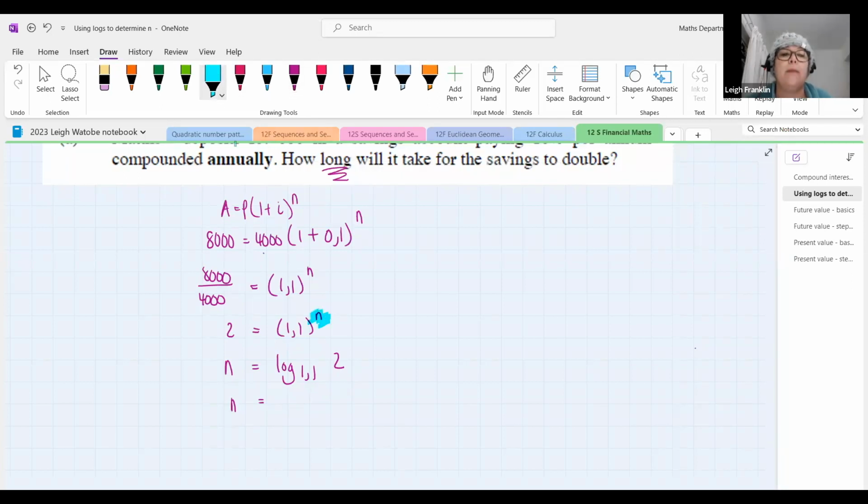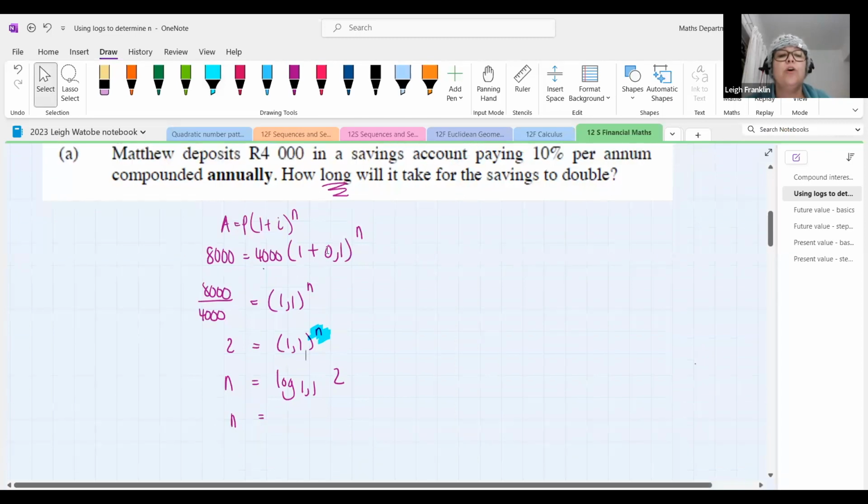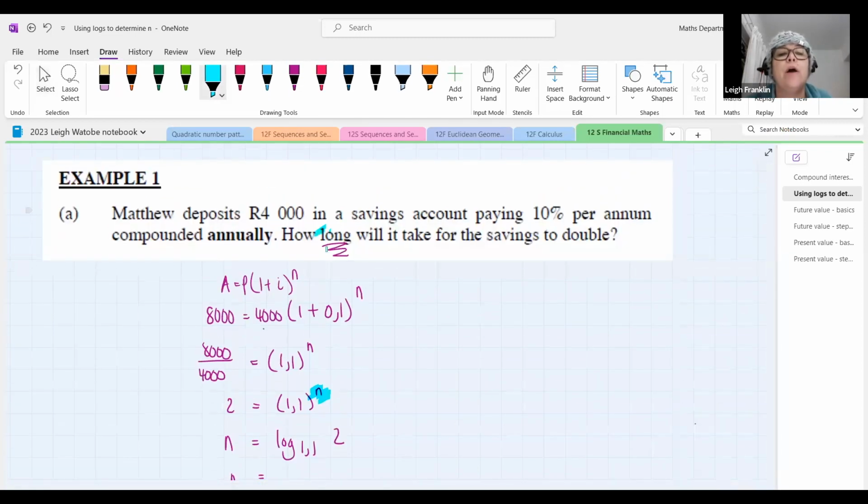Okay, because the question is asking you how long. So you've never seen these questions. This is new to grade 12. In grade 11, they would have never asked you a question, how long will it take for your savings to double? So by asking you for the time period, they are implying that it is the value of n that needs to be calculated.